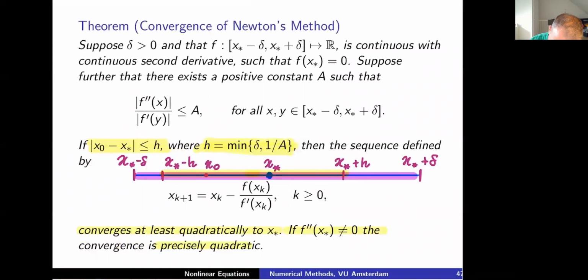We then have a further assumption here. It basically says that x naught is in an interval that also contains a solution, and that this interval has width h. And as I have done this in class, this h is at most delta. So it's either delta or smaller than delta.